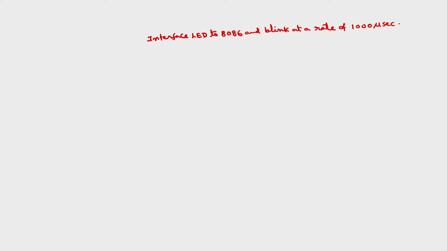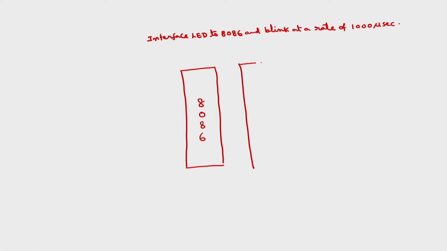So this 8086 and 8255 connection I have already discussed. This is 8086. I am going to program this LED through 8086 only, but we are going to connect an interfacing device in between. The connection between these I am not showing. How to select port A, port B, port C and all, I have already shown in the earlier slides.